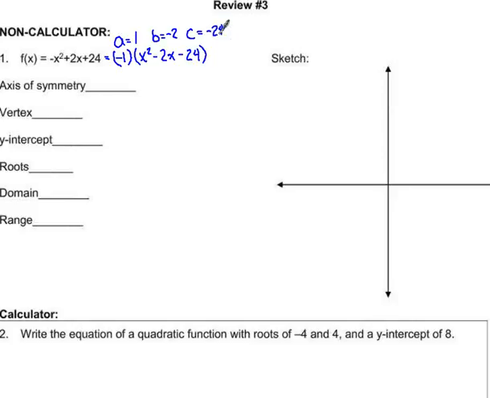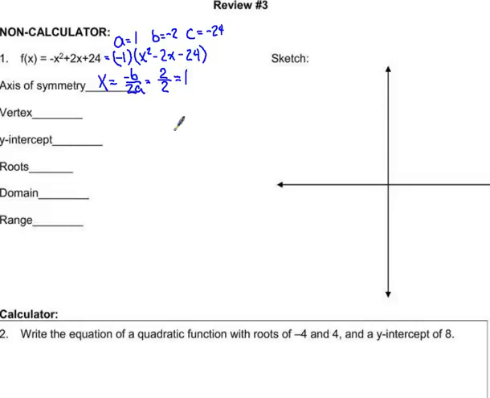Our axis of symmetry, the way we calculate that is x is equal to -b over 2a. Now we're going to plug in information. -b is a positive 2 over 2a, which is 2 times 1 is 2. So our axis of symmetry is x is equal to 1.